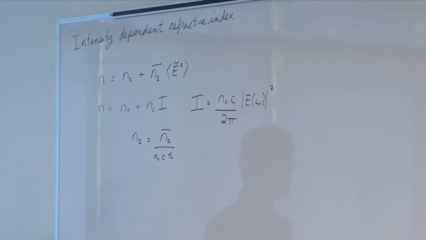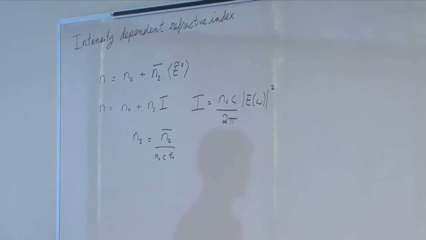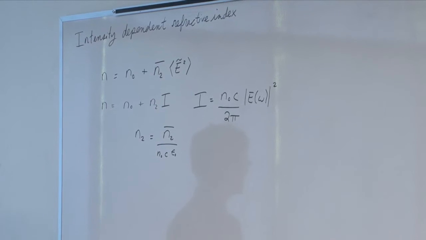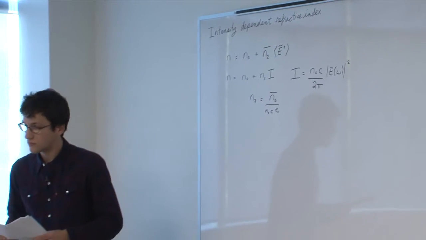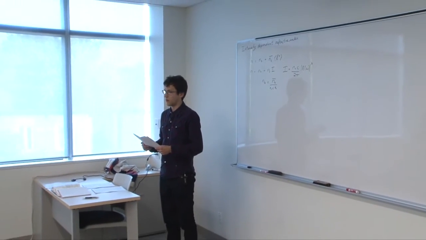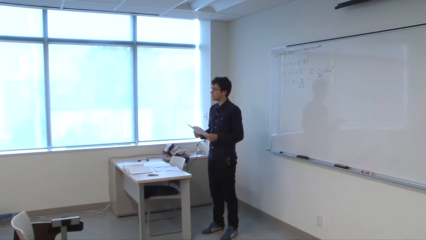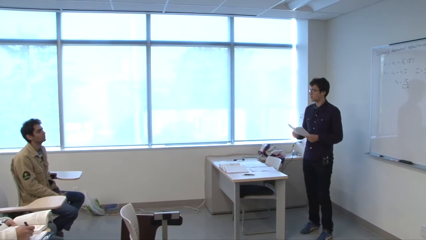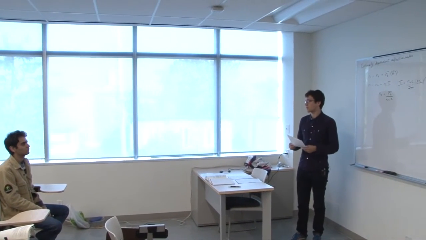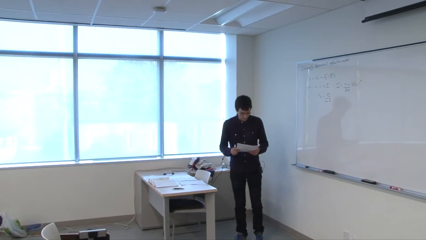Is it just a definition, or is there some reason behind expressing the refractive index as the ordinary refractive index plus something times the intensity? It is a definition. It really is a definition. And this definition arises from the property of chi3, as we'll see in a second.